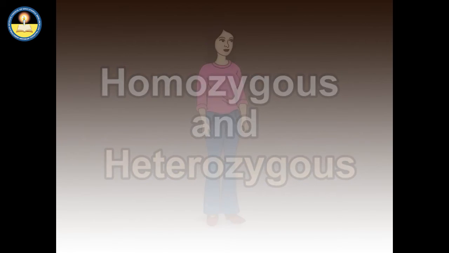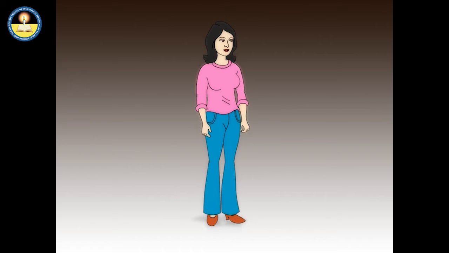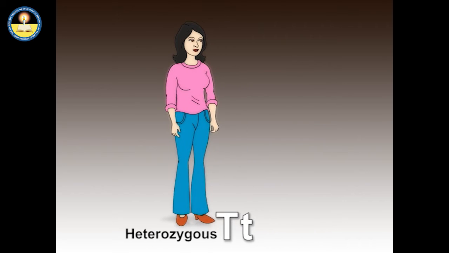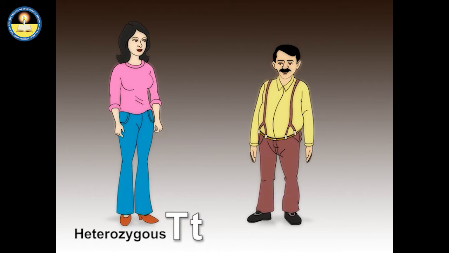Let us understand the concept of homozygous and heterozygous. Imagine a situation where a woman who is a hybrid or heterozygous for tall, meaning she has one allele for tallness and one for shortness, marries a man who has homozygous alleles for shortness.